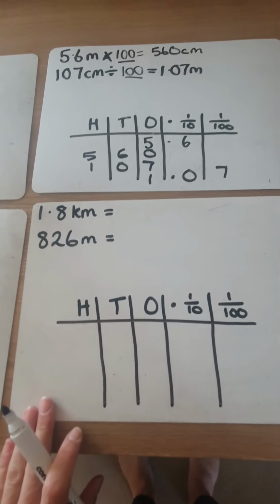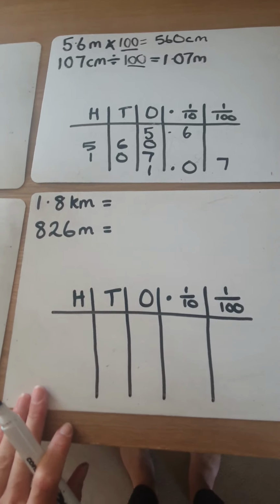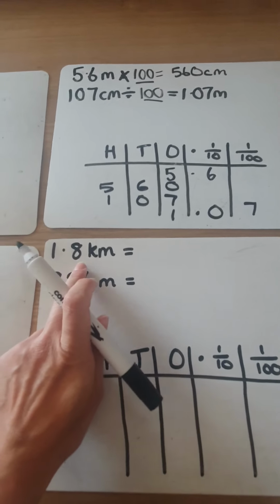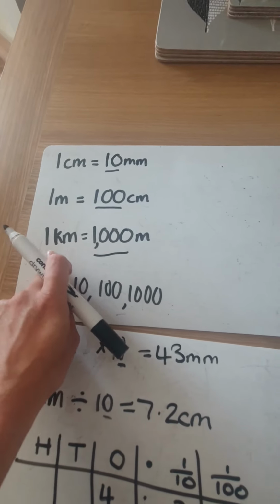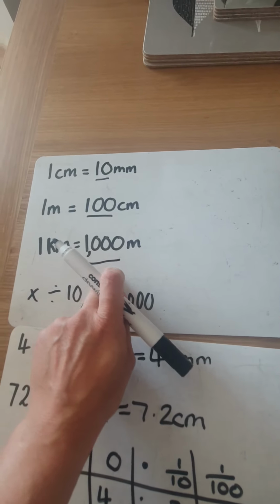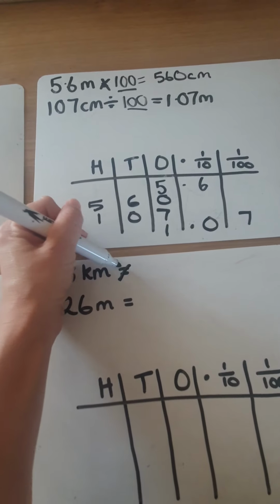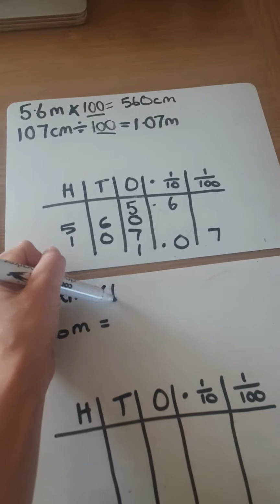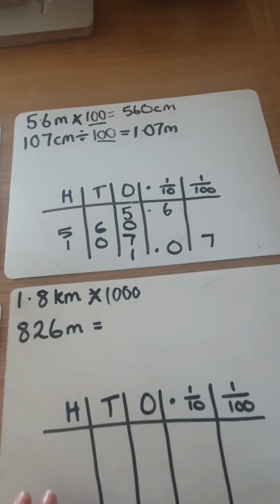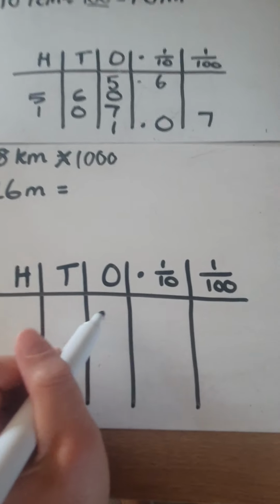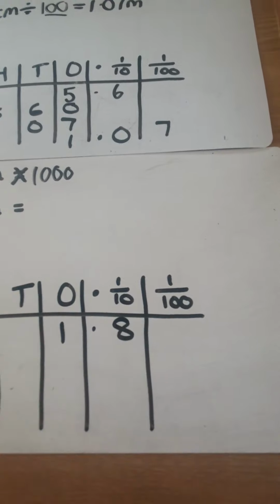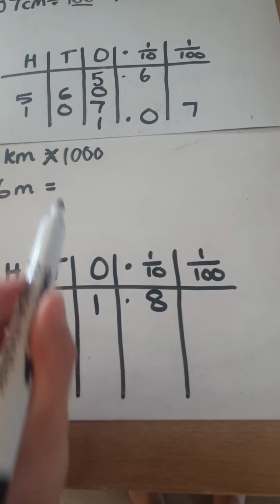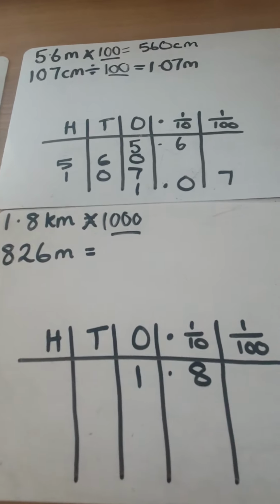Again, exactly the same method for kilometres to metres. We've got 1.8 kilometres, we need to put it into metres. We go over here. Kilometres, there are less, so we need to go more, so we multiply. There are 1,000 metres in a kilometre, so you're multiplying by 1,000. So we're going to write 1.8 into our place value column, multiply by 1,000, they're getting bigger, 3 placeholders, so it moves 3 places.